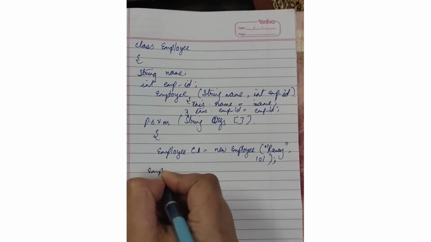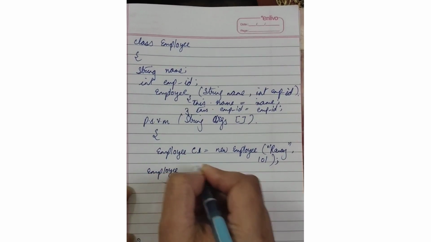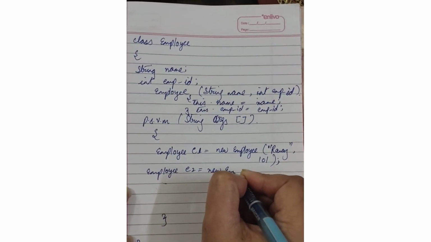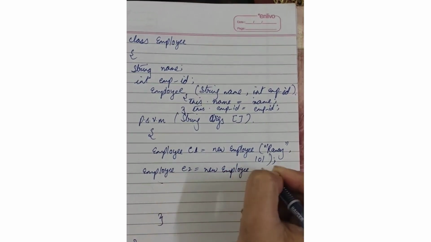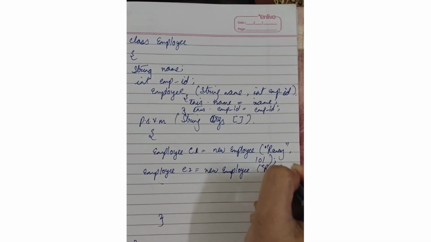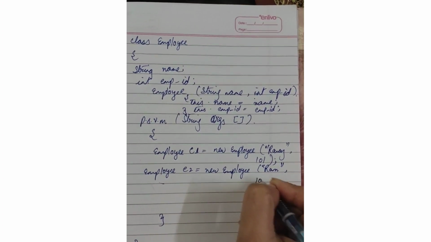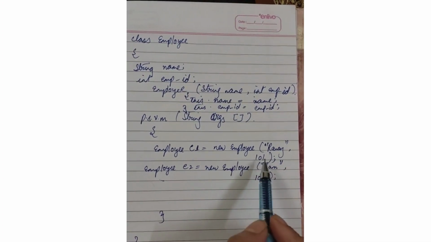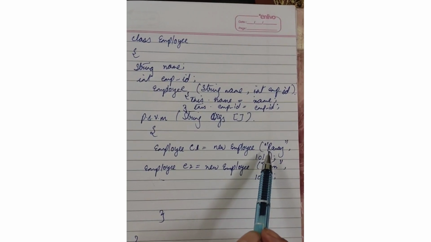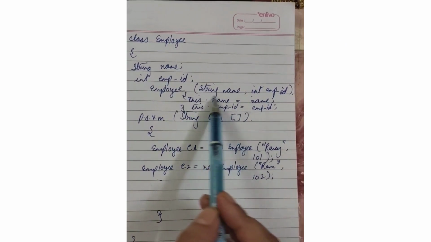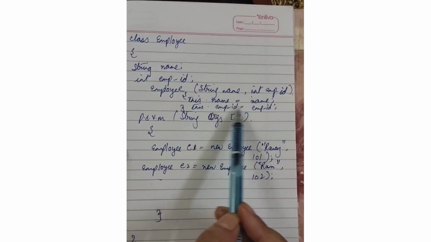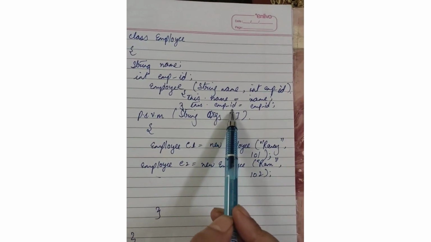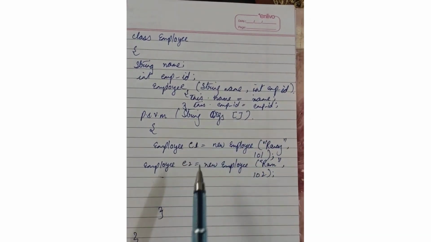For creating another object, Employee E2 new Employee, Ram, 102. In that case, when I'm creating the object, your constructor is automatically called, and it takes the name and the employee ID of the employee.